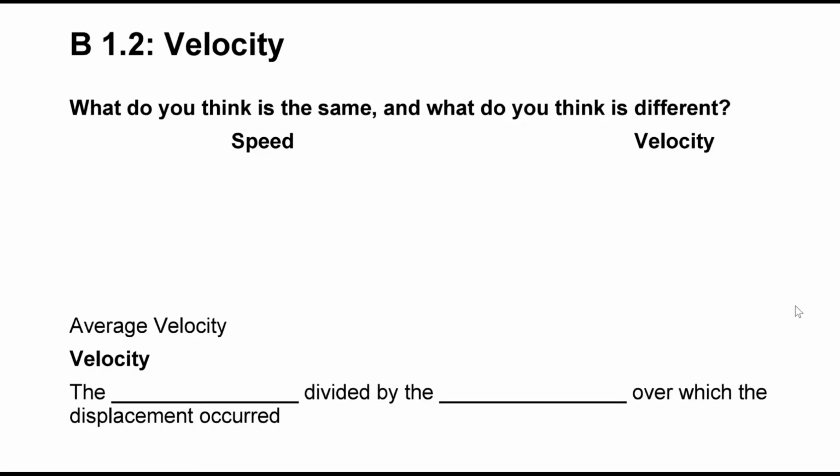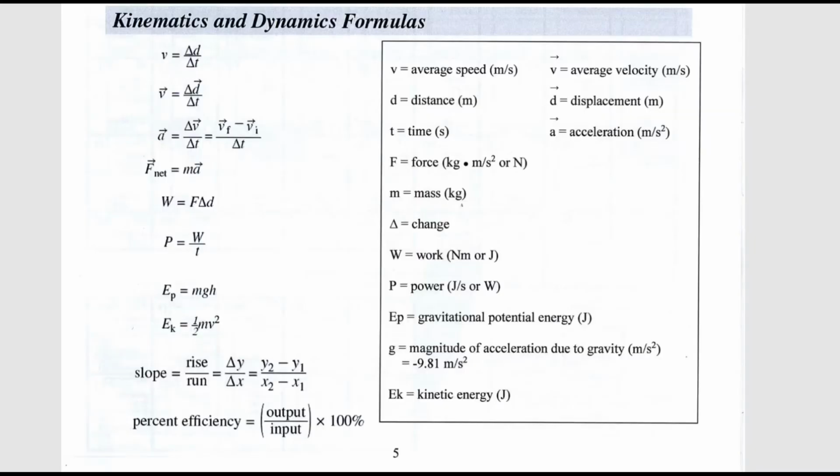Here we go. What do you think is the same, and what do you think is different between speed and velocity? Now, I'm going to pull up the data booklet for Science 10, and let's take a look at what is the difference between speed and velocity. Here I've got the symbol V for average speed. It's typically measured in meters per second.